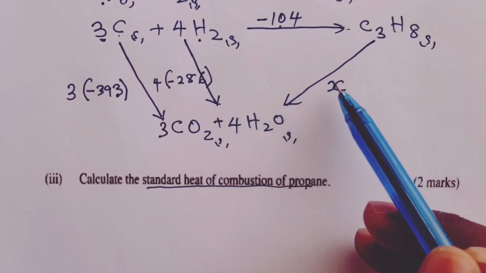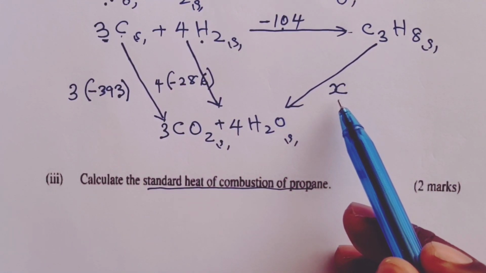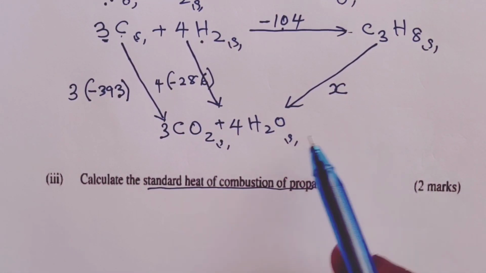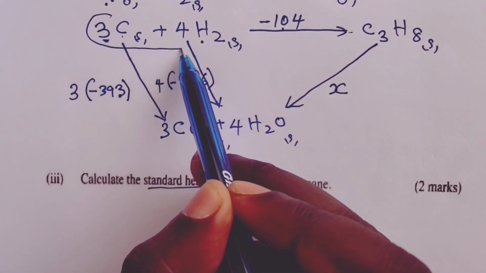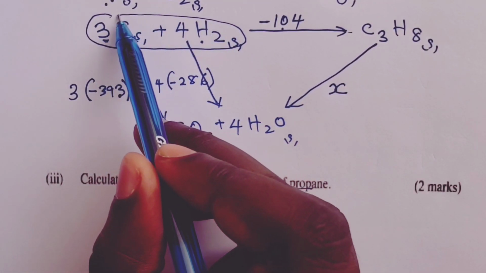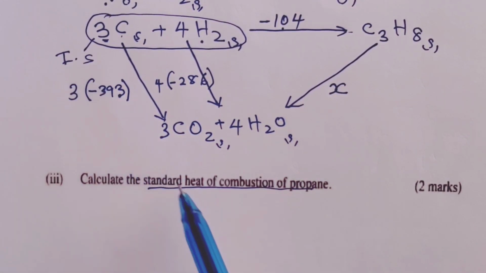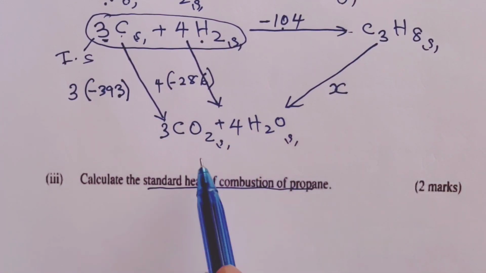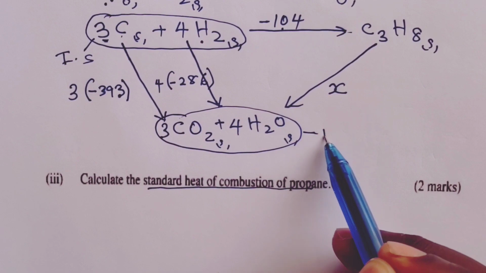So to obtain the heat of combustion of propane represented by X, we need to identify our initial state of our energy cycle diagram. And here we are. This is the initial state. And you can see all the arrows lead to our final state at this point.